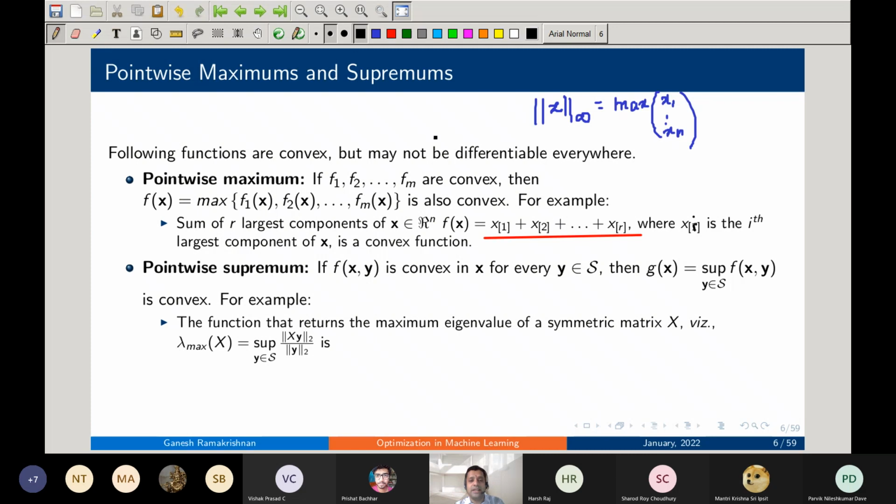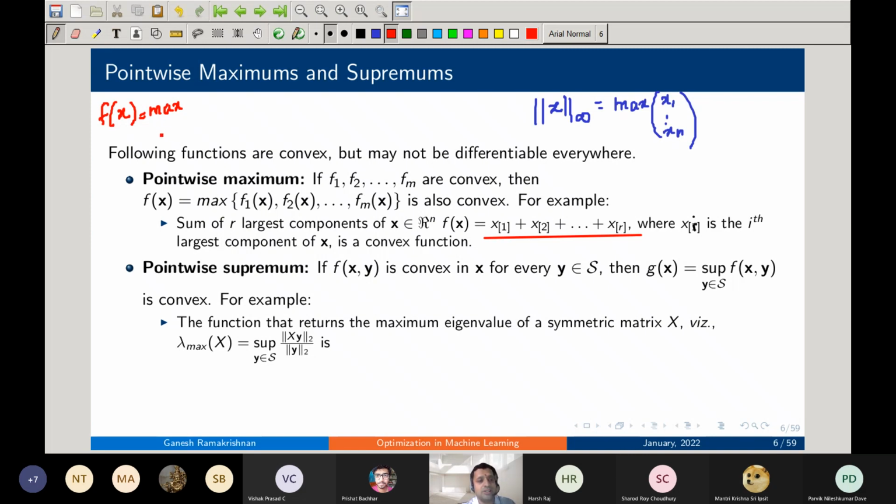Well, you have to write this as, let's write this expression. f(x) is what? Max of what? So imagine that I had a vector with r ones, and I consider all permutations of that vector.